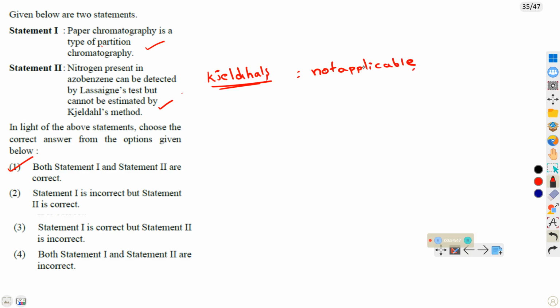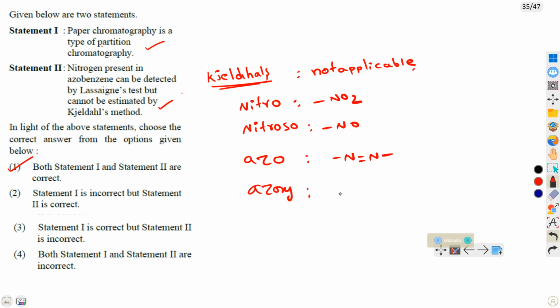for nitro NO2, nitroso NO, azo N double bond N, azoxy N double bond N with coordinate covalent bond O, pyridine and quinoline.